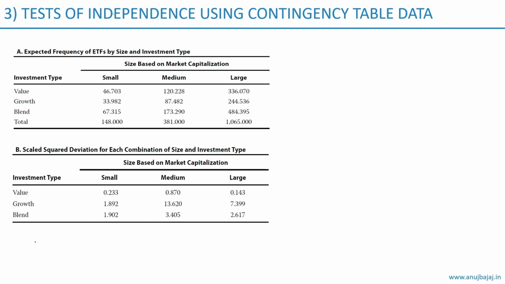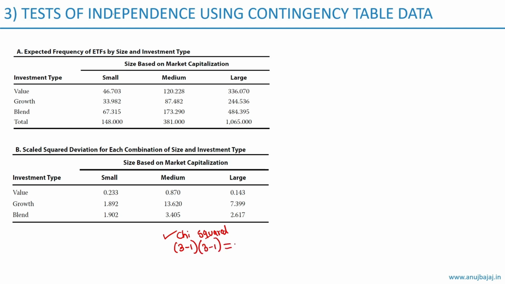To compute the critical value, we need 3 things. We need to know what distribution the test statistic follows. In this case, our test statistic follows a chi-squared distribution, so we have to look at the chi-squared distribution table. Then we need to know what degrees of freedom to use. In this case, the degree of freedom is the number of rows, 3, minus 1, multiplied by the number of columns minus 1.